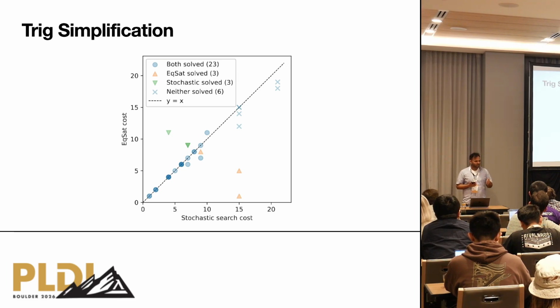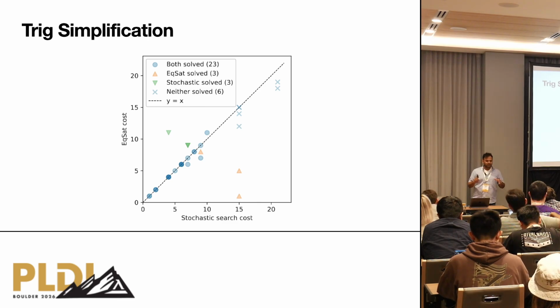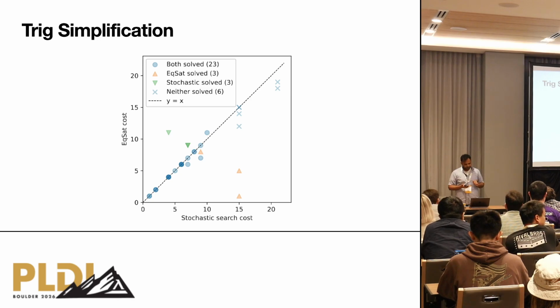Then there were 3 problems that EqSat solved and stochastic did not solve, and 3 problems that stochastic solved and EqSat did not solve, and 6 that neither solved. Okay. So I guess overall, neither technique comes out to be Pareto optimal over the other. There's a core set of problems that both can solve, and then a few on which either one manages to eke out an edge.